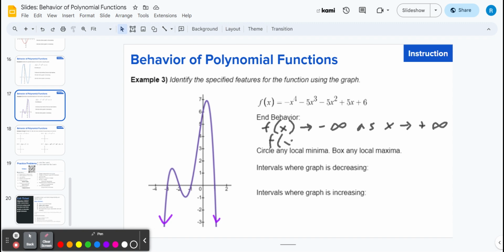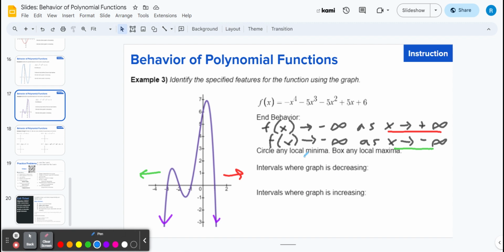And f of x approaches negative infinity as x approaches negative infinity. Whether I'm moving to the right or to the left, my graph is going downwards.